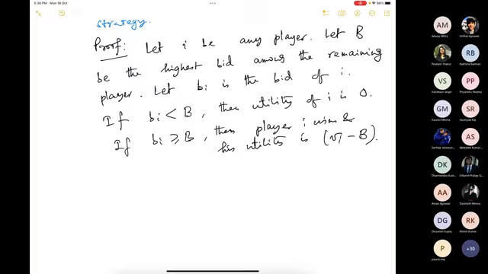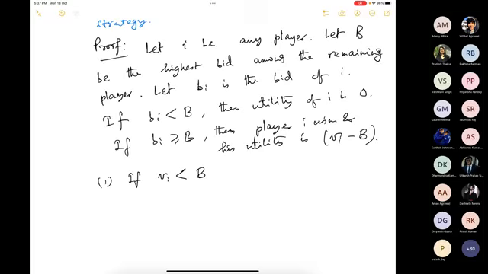So consider two cases. First case is if Vi is less than B. That means, so when we are arguing about player i, we're sort of keeping all the other players fixed.